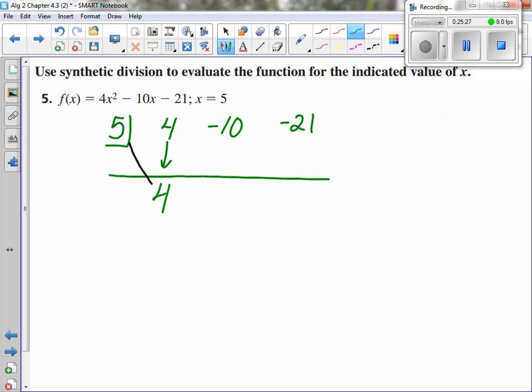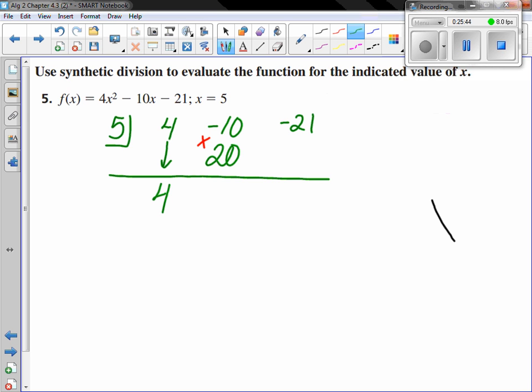5 times 4 would give us 20, and we put it under the 10. Then what do we do next? Add, and we get 10. Because negative 10 plus 20, the 20 is bigger. 5 times 10 would be 50.